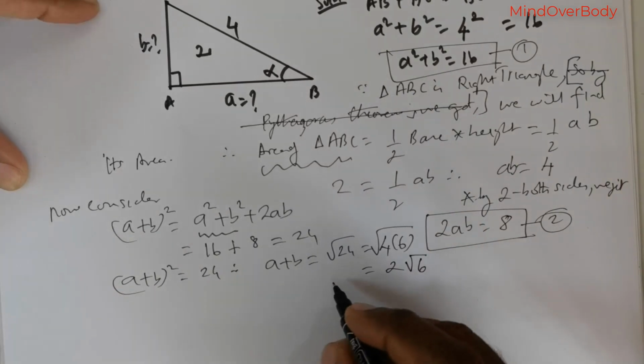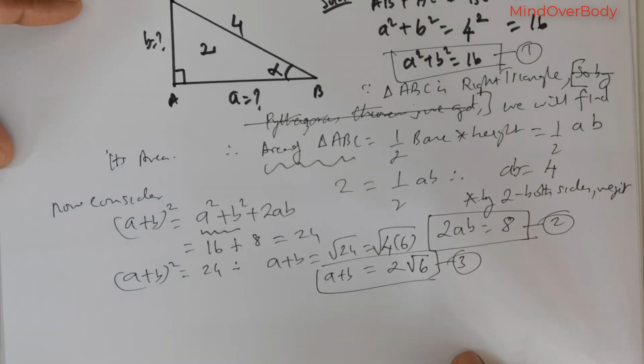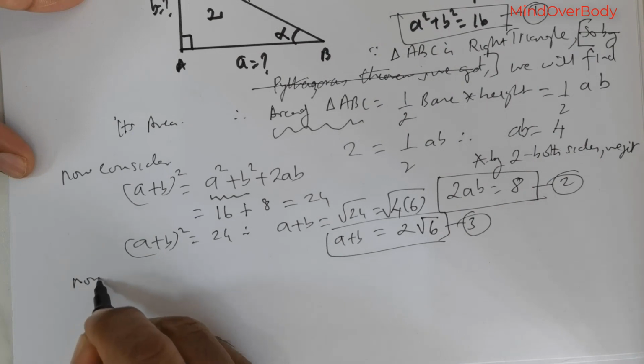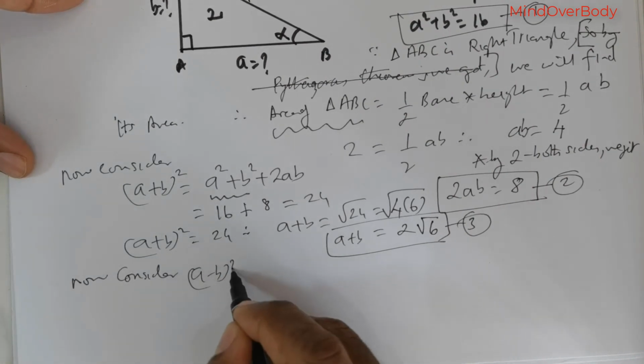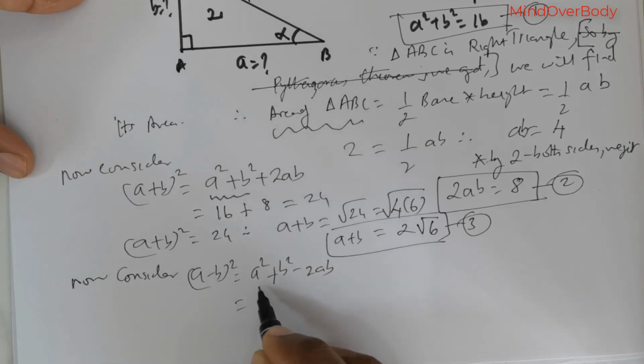Now this is my A + B, so let me take that as 3. So now what I'm going to do is consider (A - B) whole squared, which is A squared + B squared - 2AB.